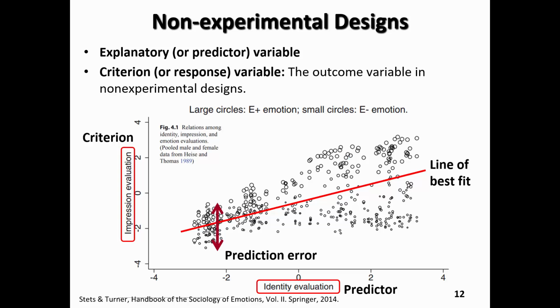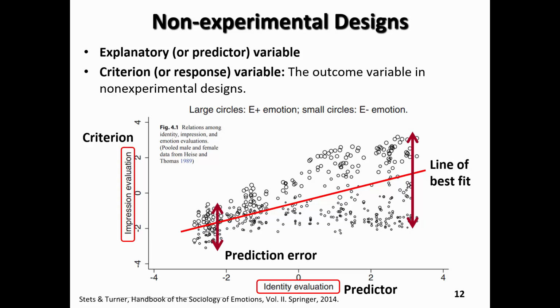And one other pattern to note here is that in the lower range of the predictor variable values, here we have our prediction error, but at higher values of the predictor we see a relatively greater amount of scatter.